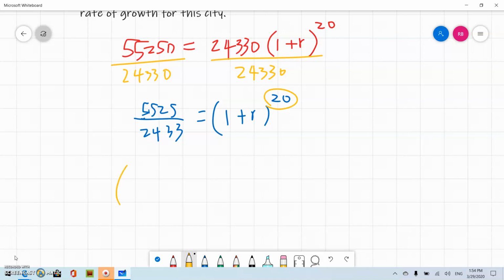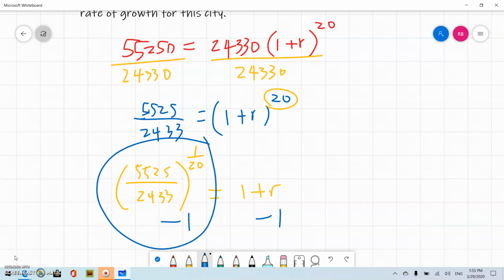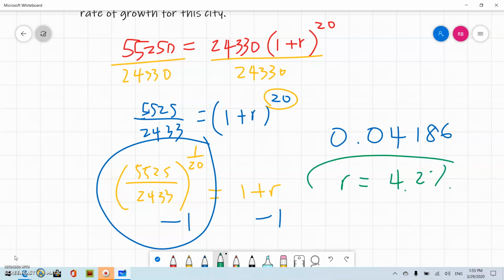So all you have to do is that you raise both of them by power of 1 over 20. So it's the same as taking the 20th root for each side. Okay? So then you simply subtract 1 after you get this number. And that number is 0.04186. So that means your r is 4.2%-ish.